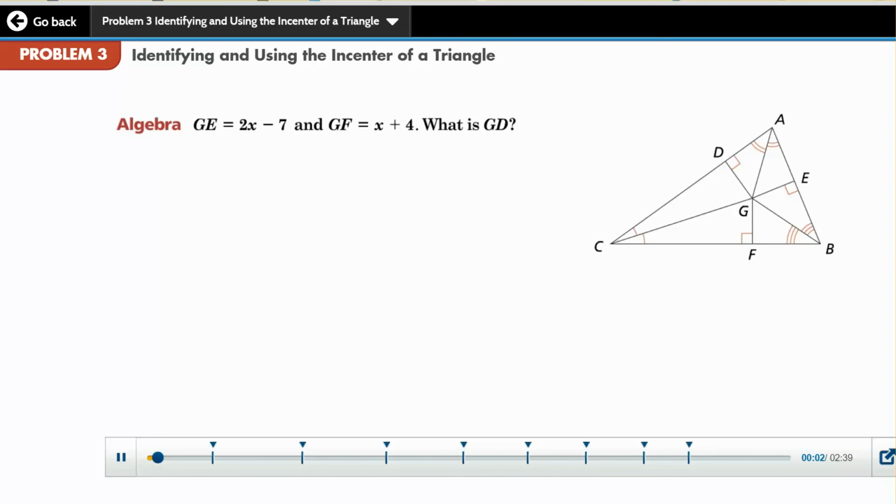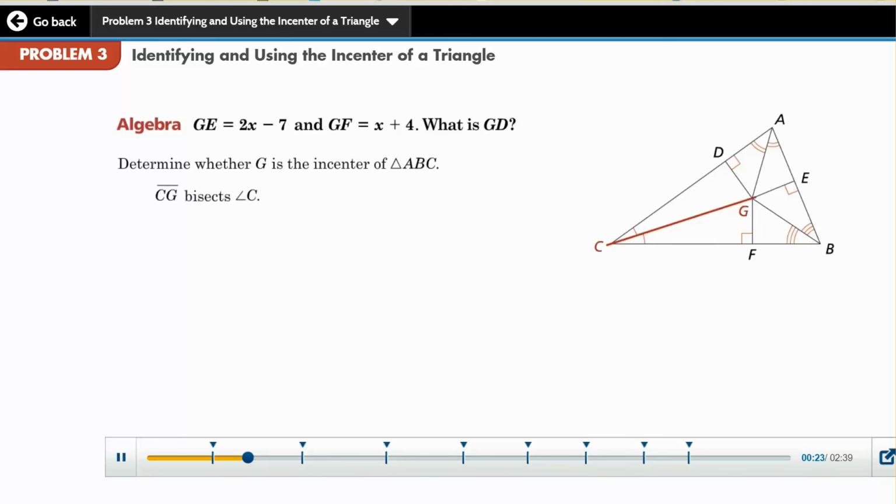In this problem, you will identify and use the incenter of a triangle. The length of segment GE equals 2x minus 7, and the length of segment GF equals x plus 4. What is the length of segment GD? Determine whether point G is the incenter of triangle ABC.